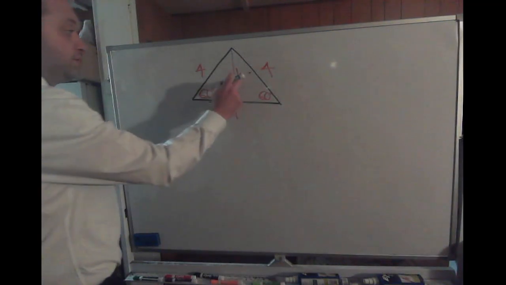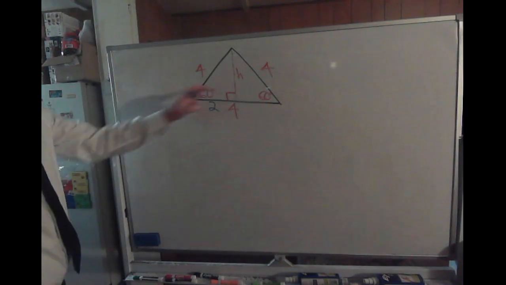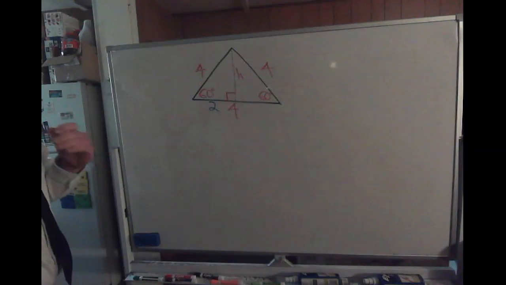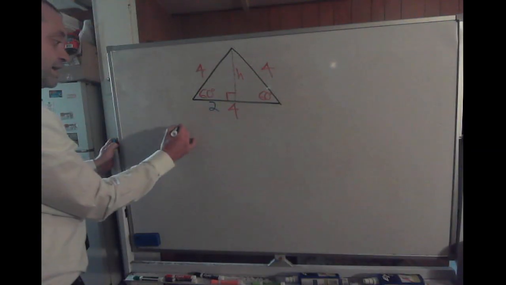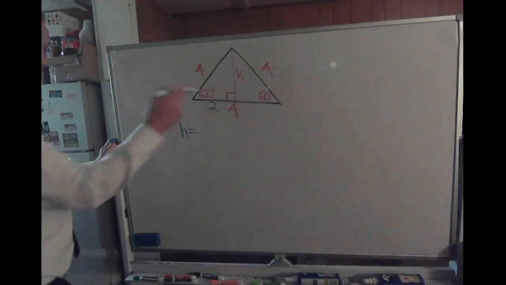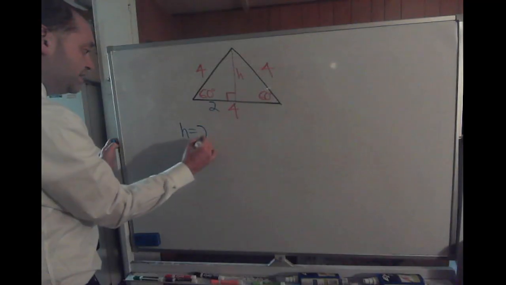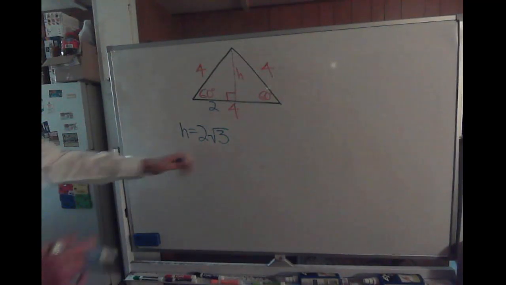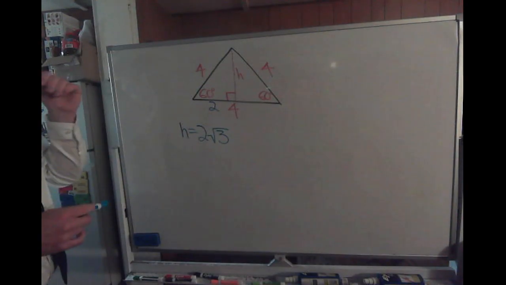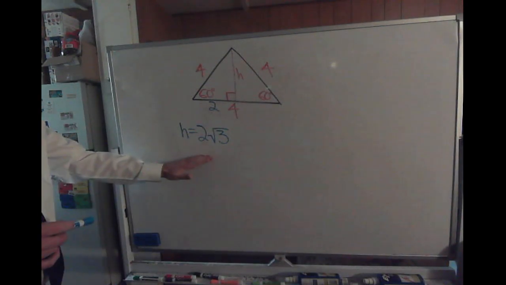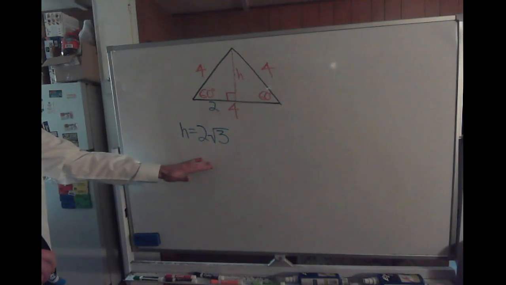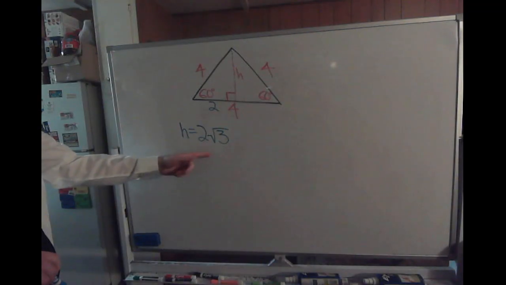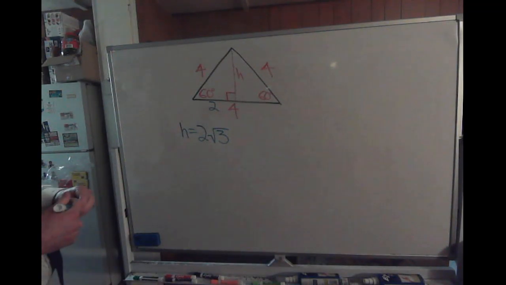And then the height, which is the longer leg, since it's opposite the 60-degree angle, is the square root of 3 times the shorter leg, so your height is equal to 2 times the square root of 3. I'm going to keep that intact for a minute because we want to get a decimal approximation in the end, of course, but I'd like to get it as close to exact as possible.